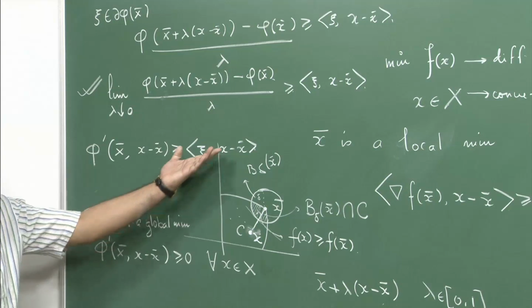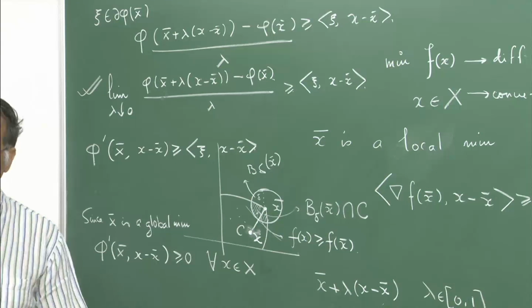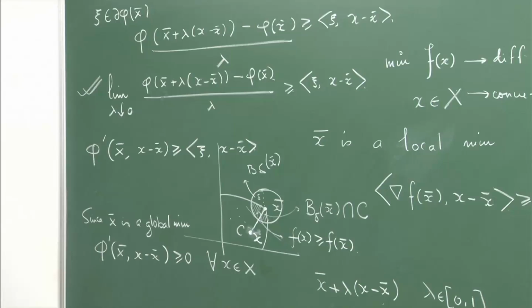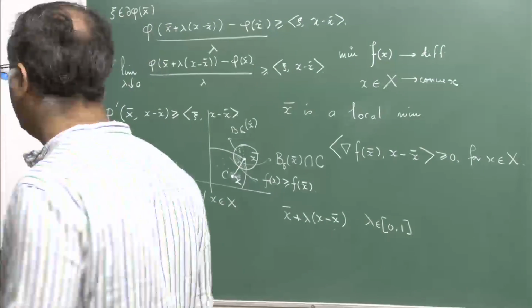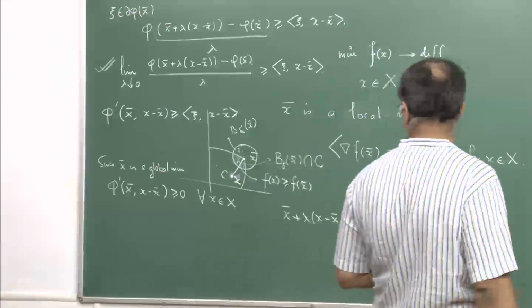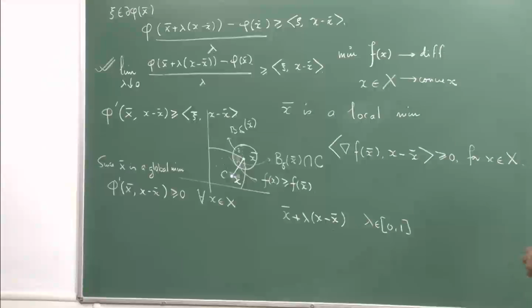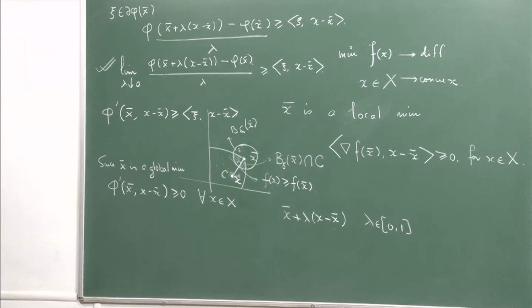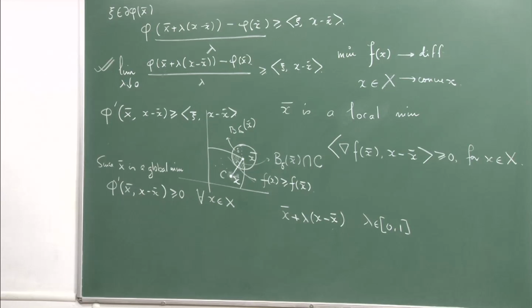But what does it tell me about this part? It tells me nothing apparently, but there is a very deep result in convex analysis. I just do not want to prove it, because I think more discussion is found in the convex optimization course, and it is a fact that we are not going to discuss too much.